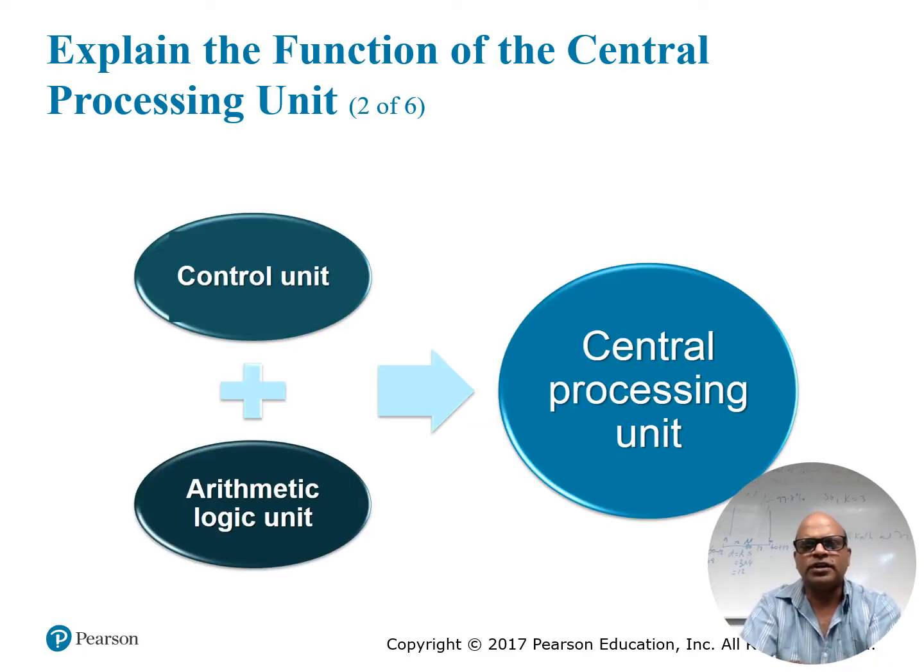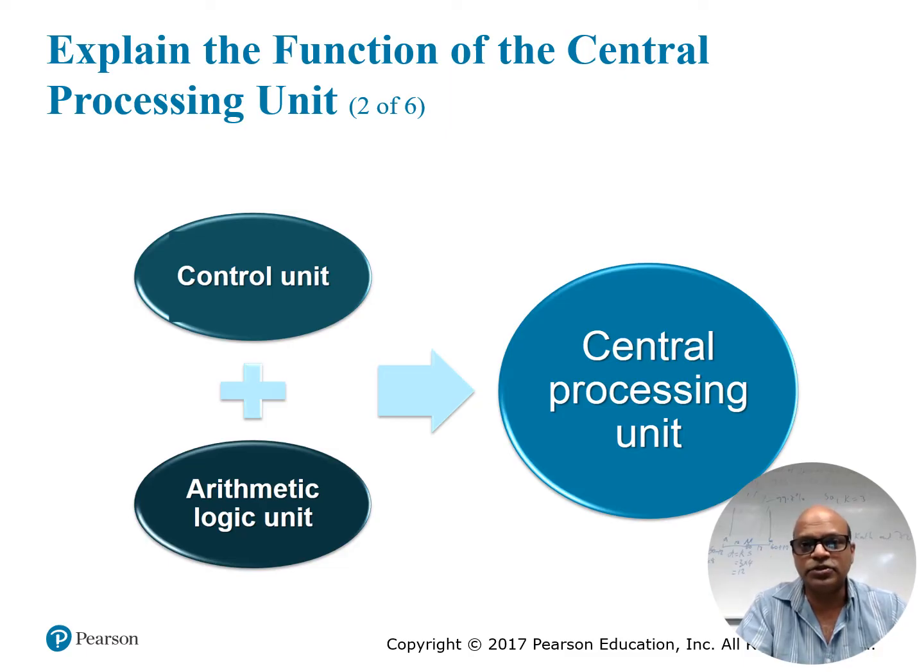What are the functions of the central processing unit? Now, the central processing unit, you can think of it as our brain. We have a brain, and the computer has a brain or a processor, and this is located inside of the system unit on the motherboard. It consists of two parts, the arithmetic logic unit and the control unit.